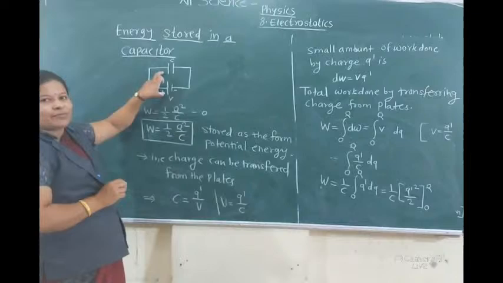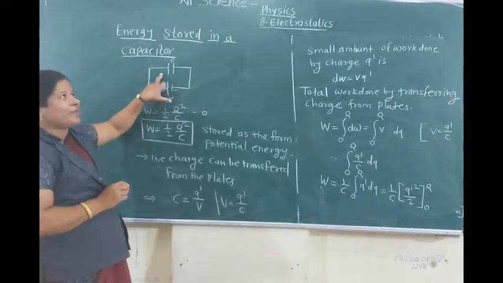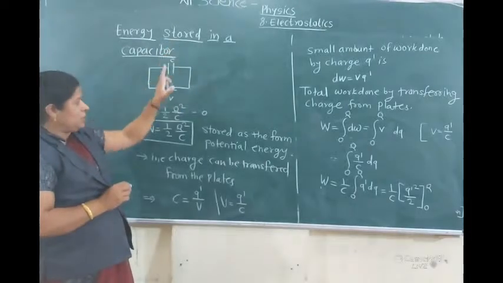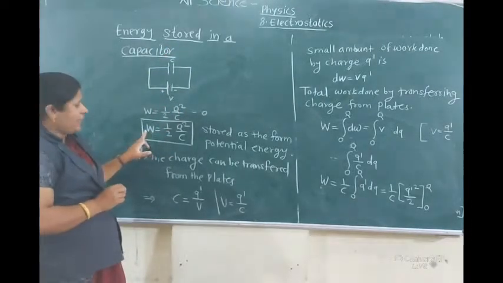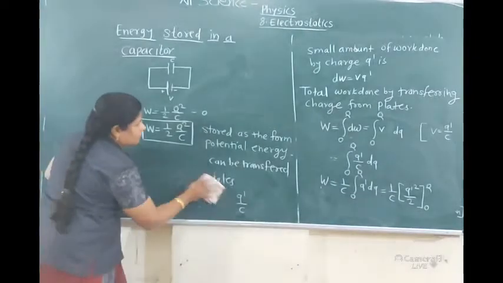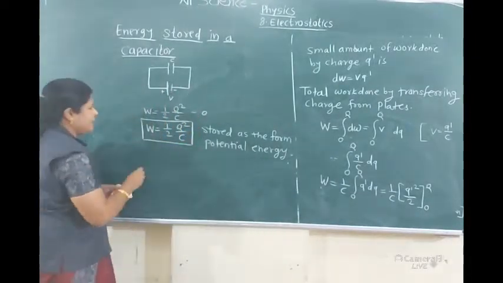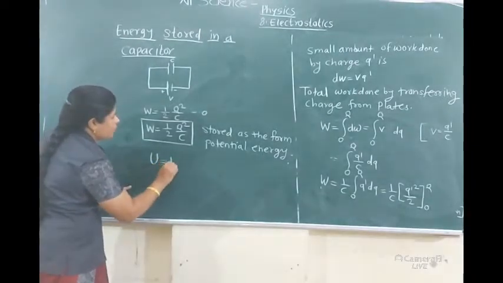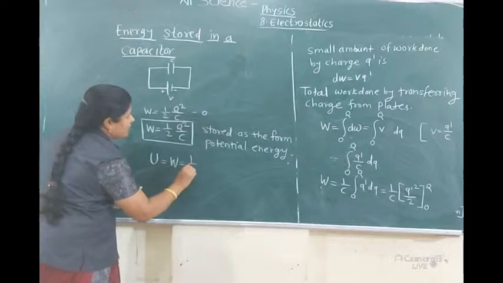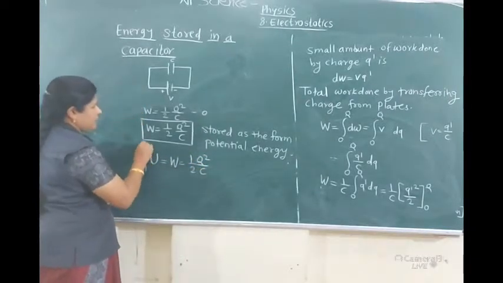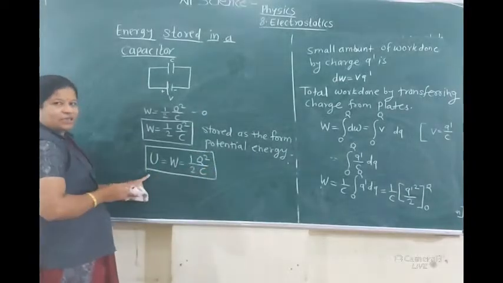And what is the basic principle or use of a capacitor? A capacitor is used to store energy. So for energy we use the symbol U. U is equal to W is equal to 1/2 Q square divided by C. This is one form of the equation we get.